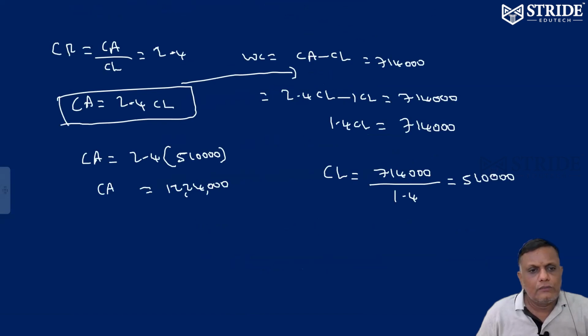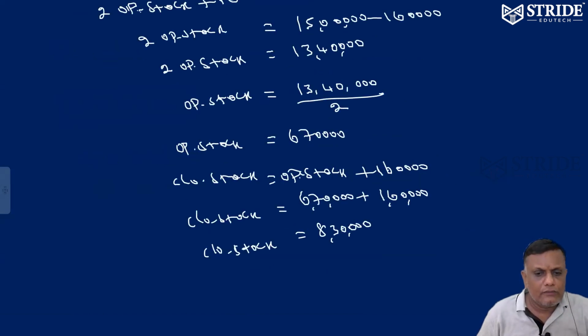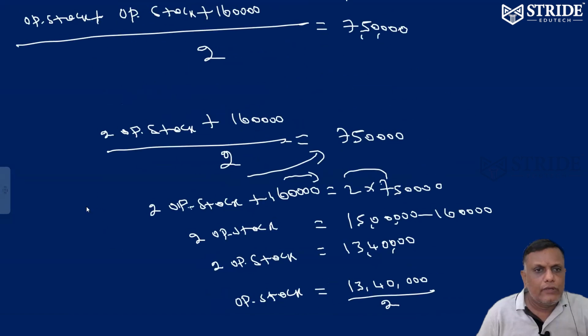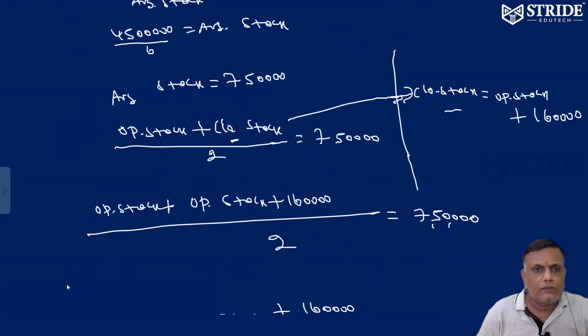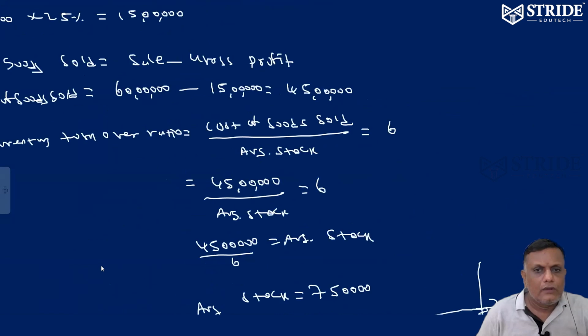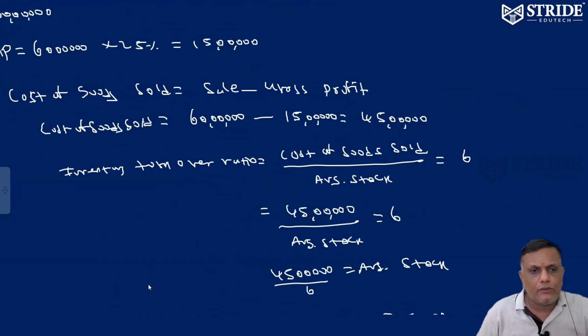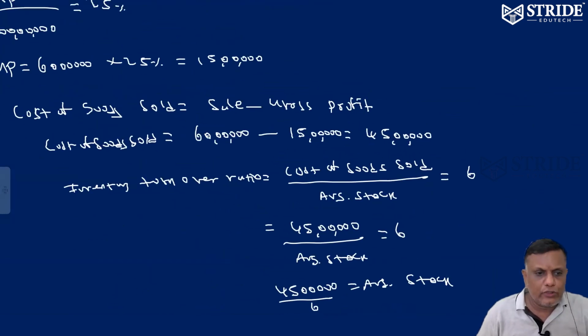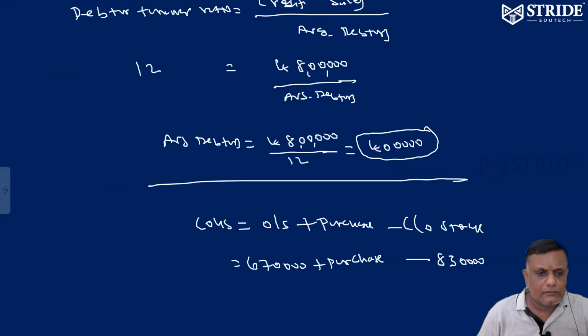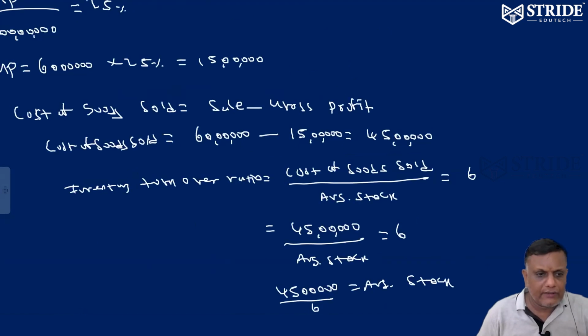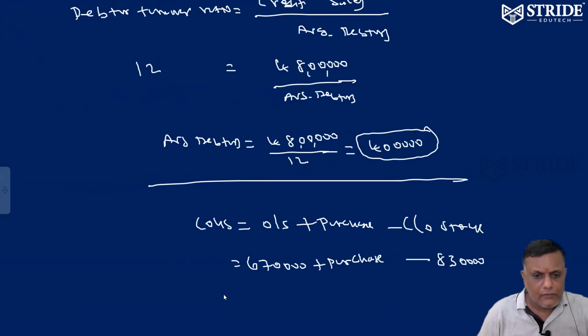Cost of goods sold: please check it out. Cost of goods sold is 45 lakhs.